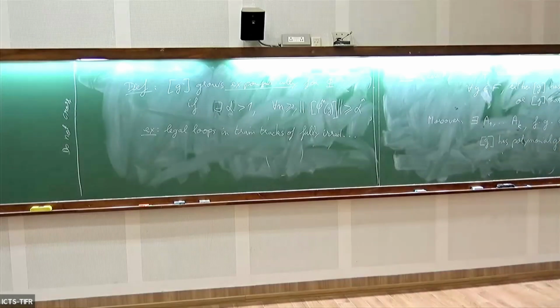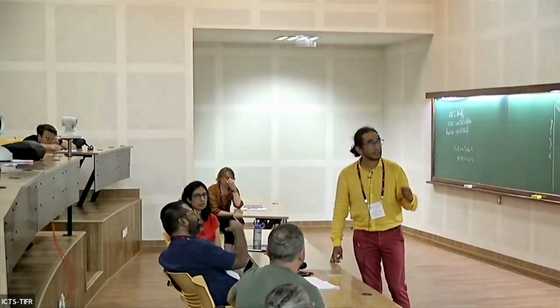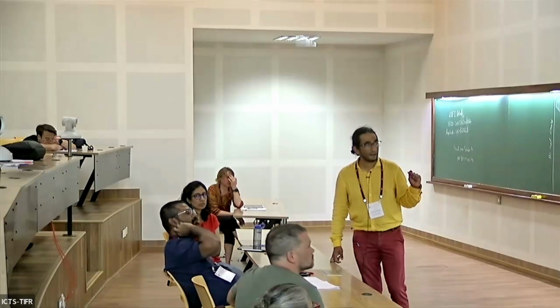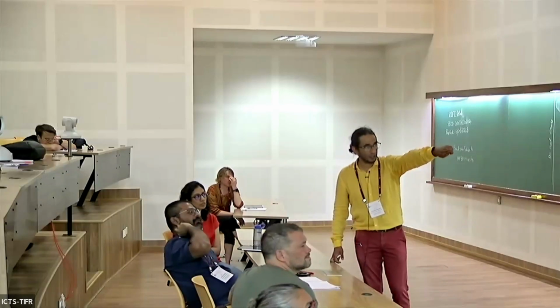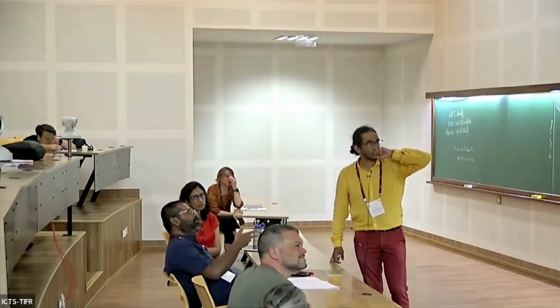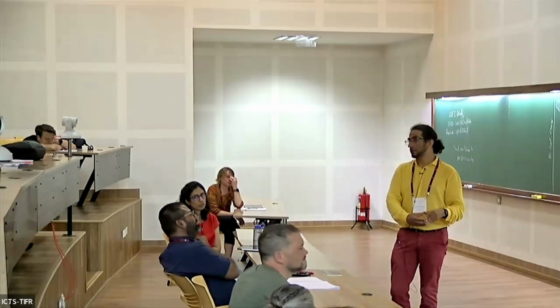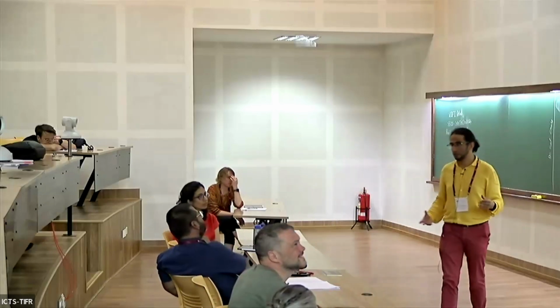G is fixed. You get equality over there in polynomial growth? If you're fixing the loop. Oh, it's fixed. Yes. If it's fixed.